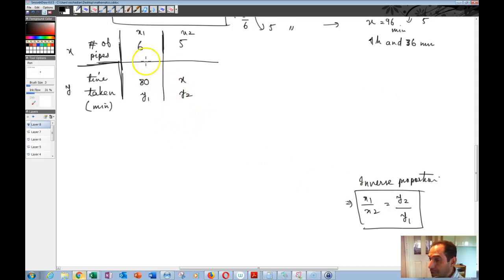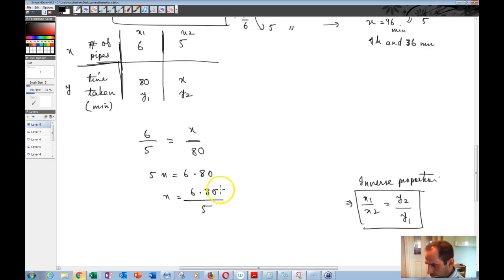So we said that x1 to x2, which is 6 to 5, is the same thing as y2 to y1, which is x to 80. So if you cross multiply here, 5x is equal to 6 times 80, and x is equal to 6 times 80 over 5.